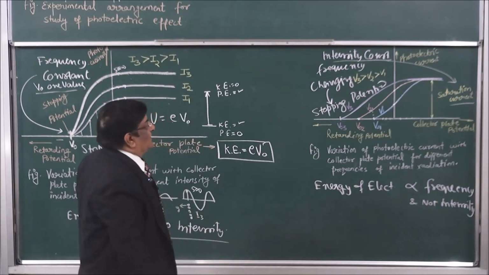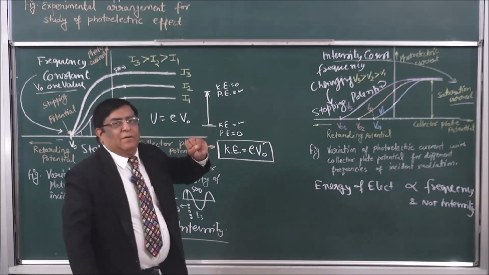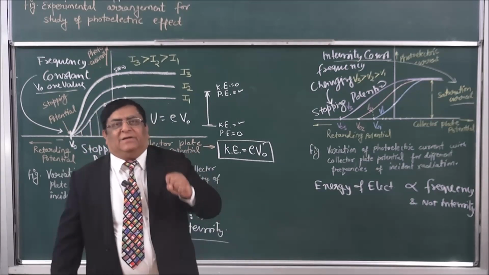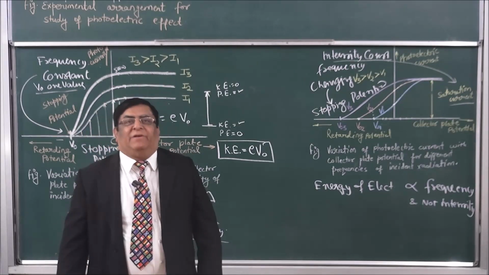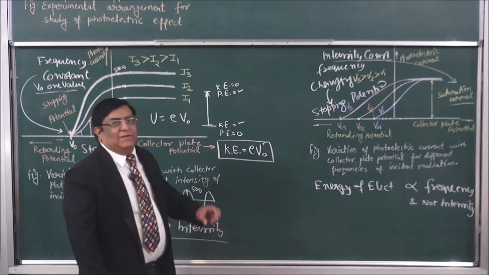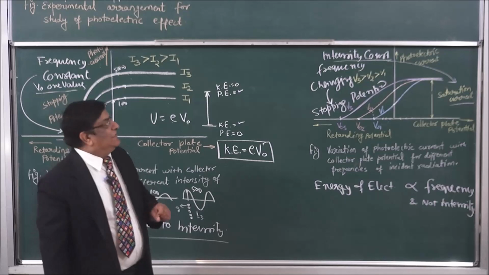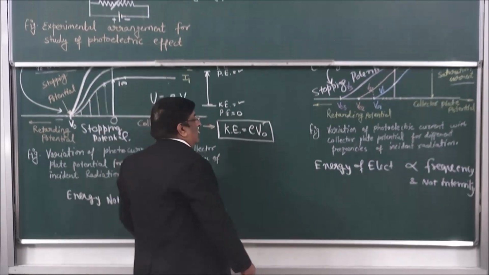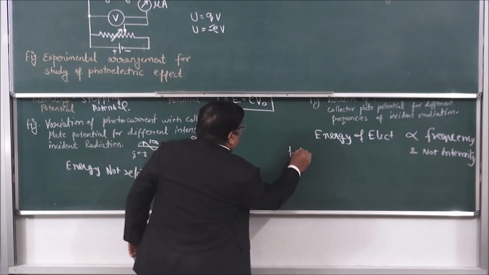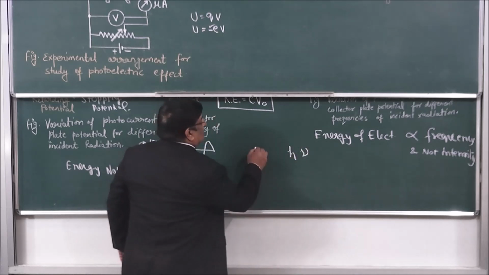So according to this, we could decide that quantum or photon nature of light is like a material, and the light is having a quantization. What is that quantization? That each photon has got certain energy, and the energy of a photon is given by h nu.